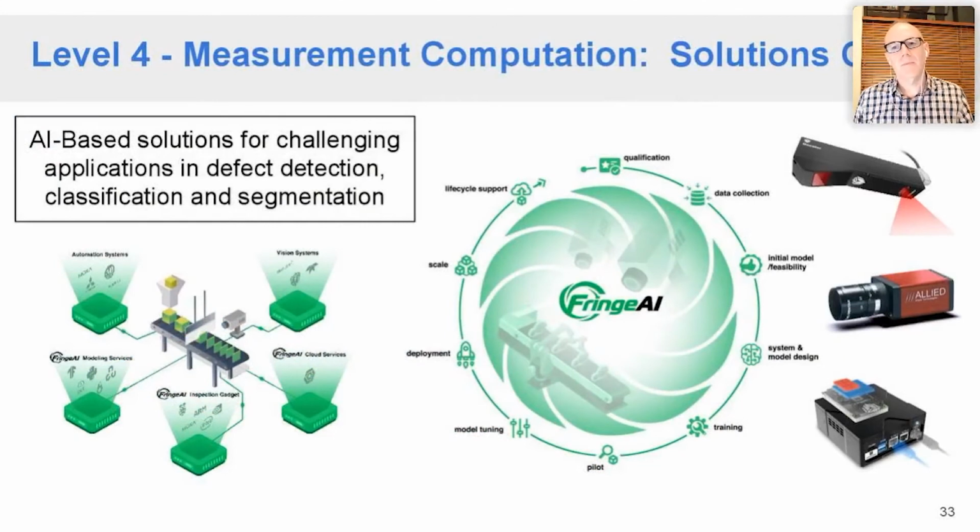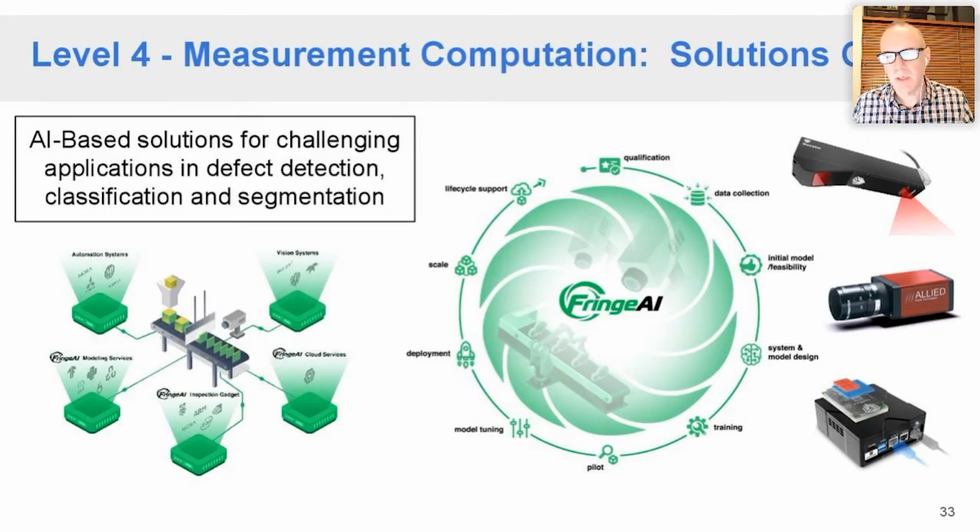Another way to craft solutions is to not use the typical rules-based approach. If you've seen some of the LMI news, about a month and a half ago, we acquired Fringe AI. And so now LMI is beginning to develop and work with AI capabilities.